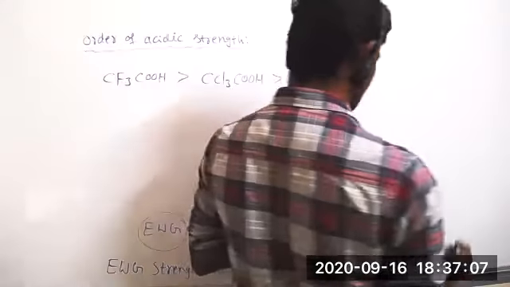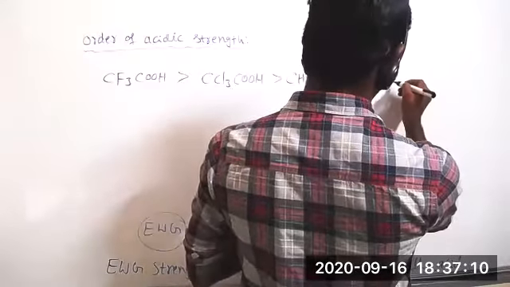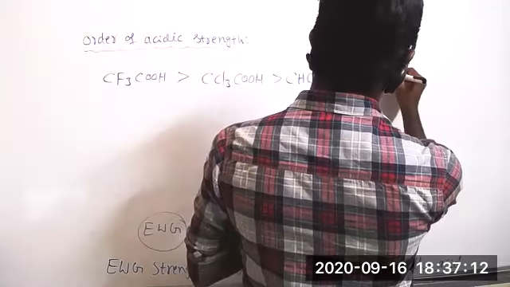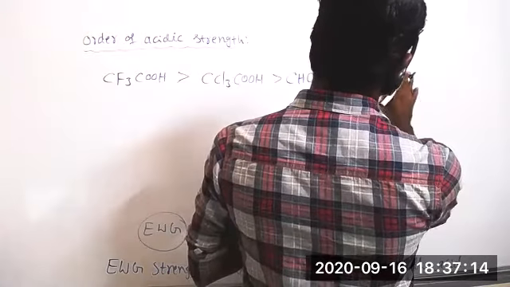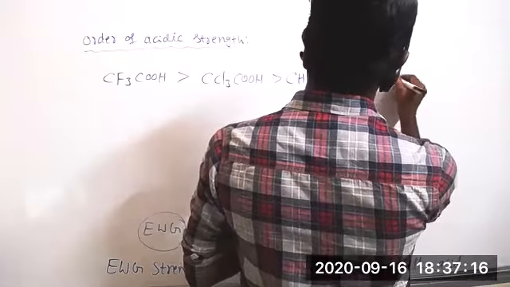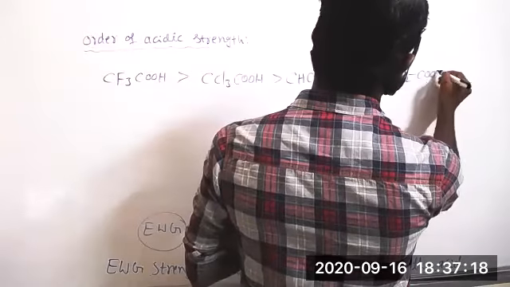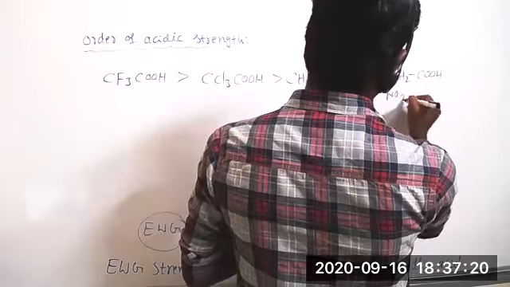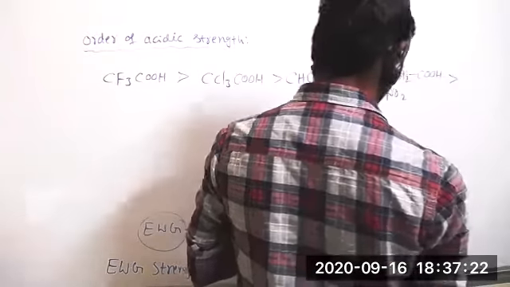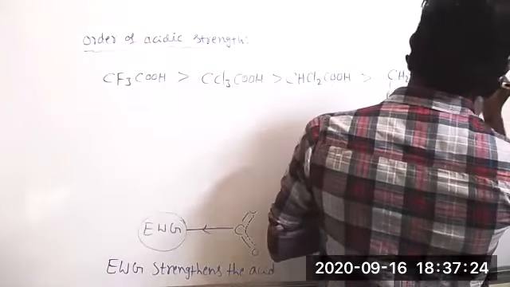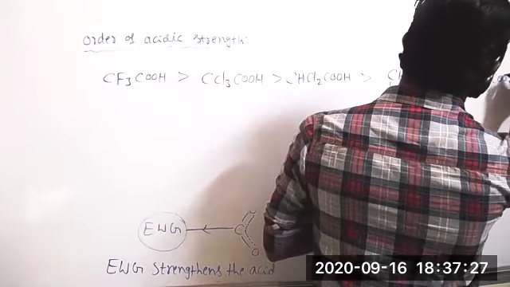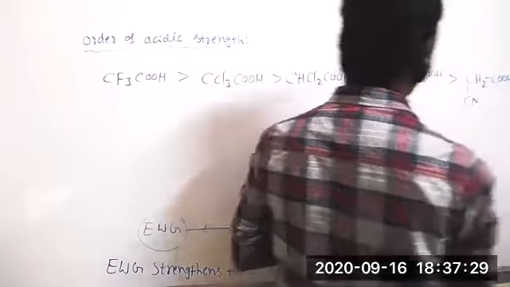Next one, CH2COOH attached to an NO2 group, then CH2COOH attached to a cyanide group.